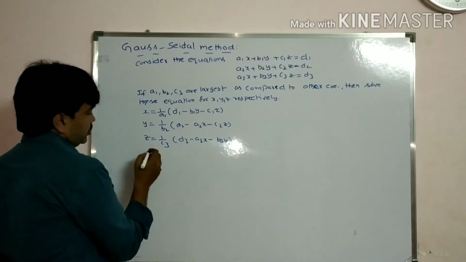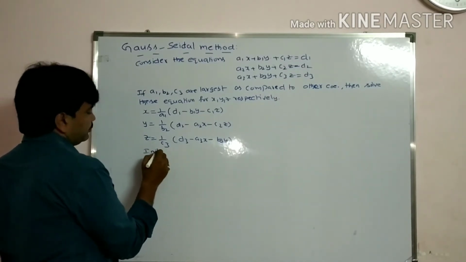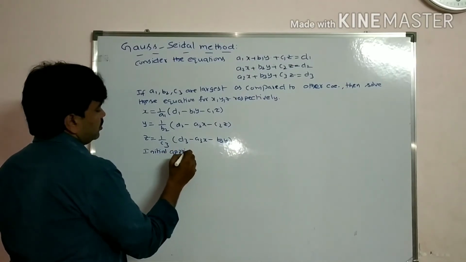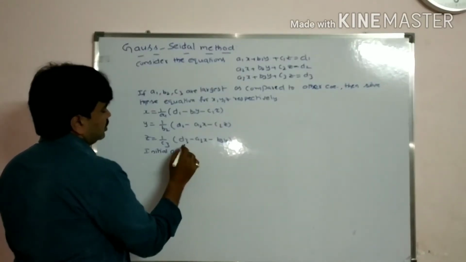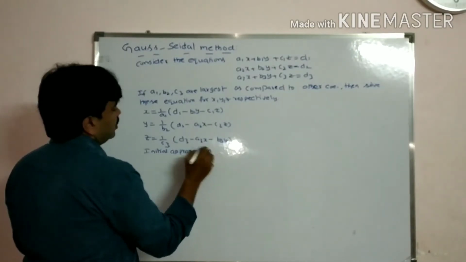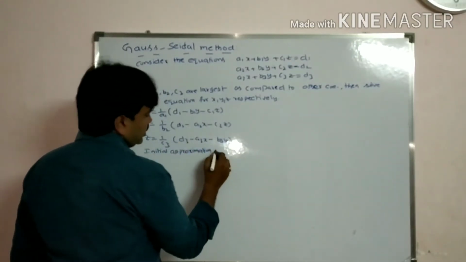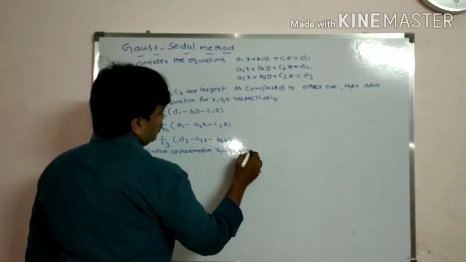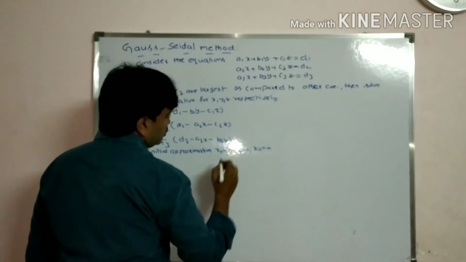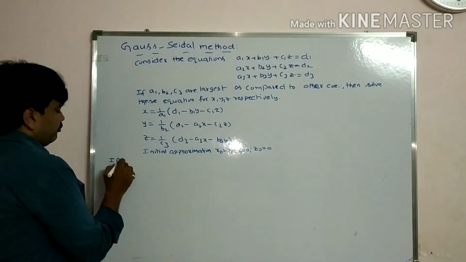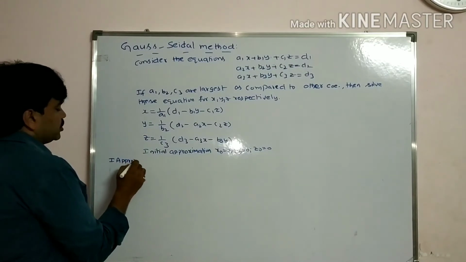Now what is the next step students? Initial approximation. What is the initial approximation? x0 is equal to 0, y0 is equal to 0, and z0 is equal to 0. Then you write your first approximation here.